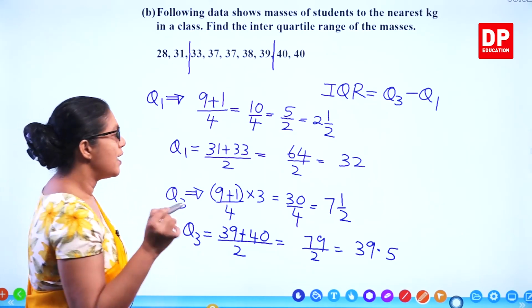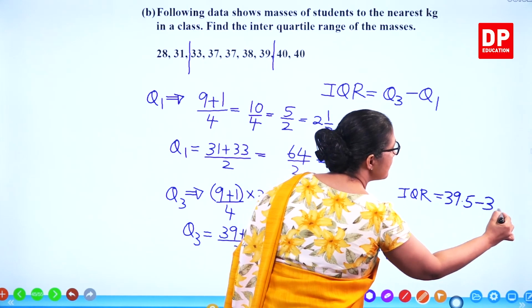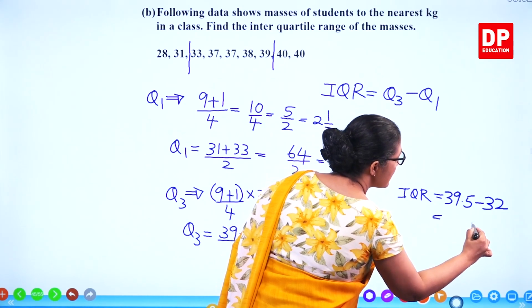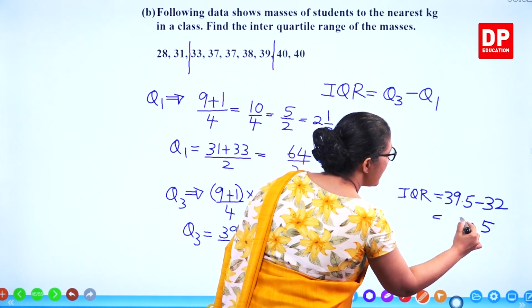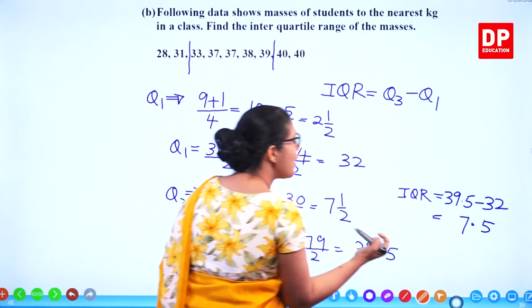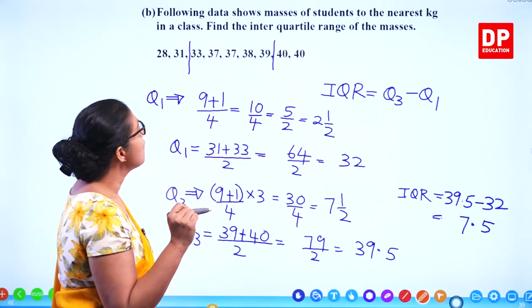Now find the interquartile range. 39.5 minus 32, that's the first quartile. So what's the answer? You get 7.5. So interquartile range is 7.5.